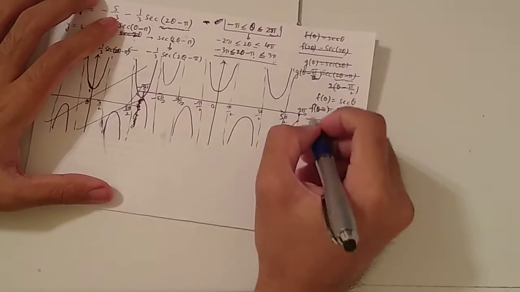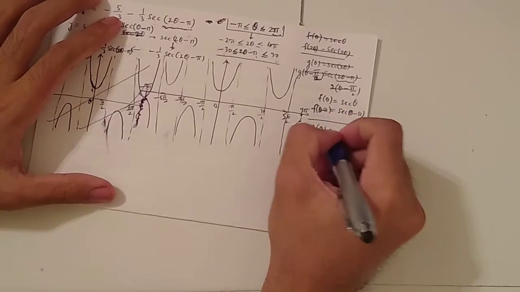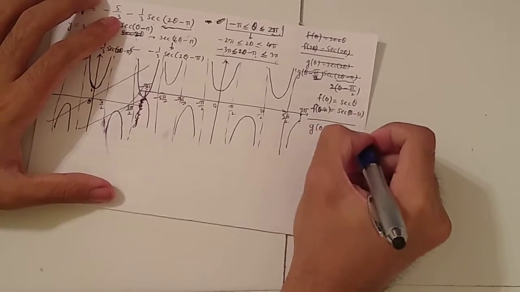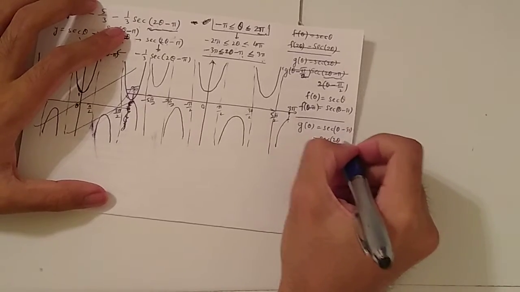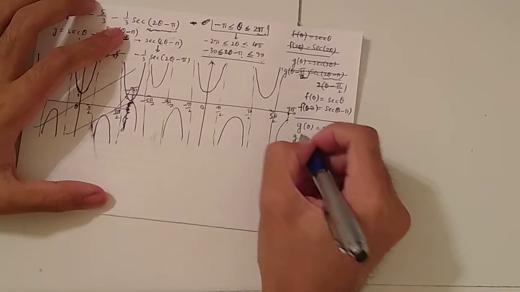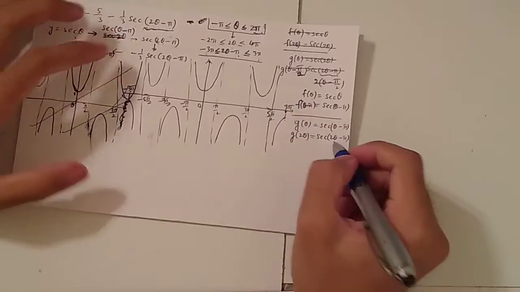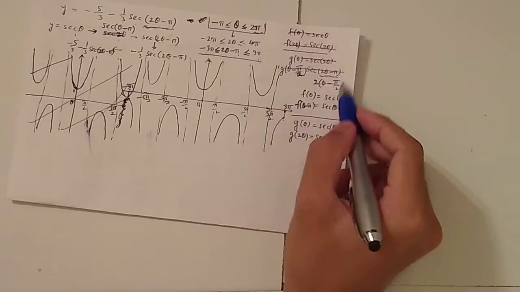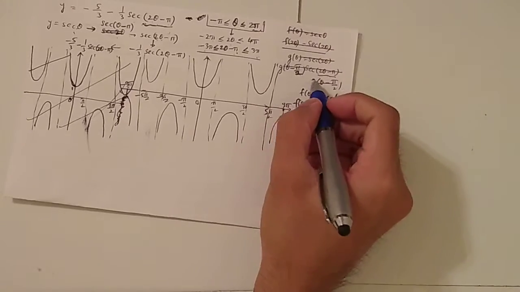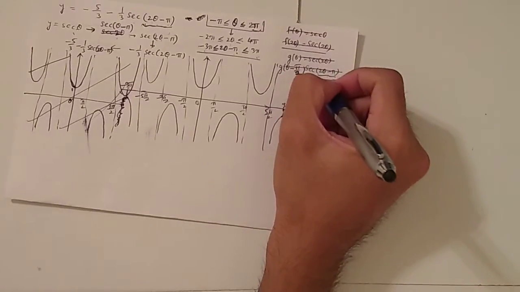Now, if g of theta is equal to sec of theta minus pi, in that case sec of 2 theta minus pi is going to be g of 2 theta. Okay, this one is easier. In the previous one you had to do a minus pi by 2, because the 2 was already there in the bracket.